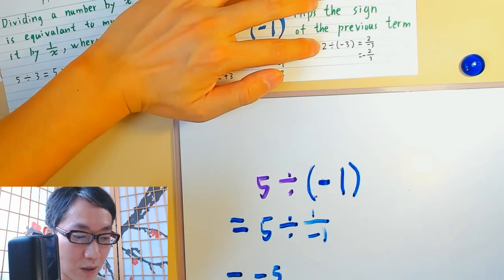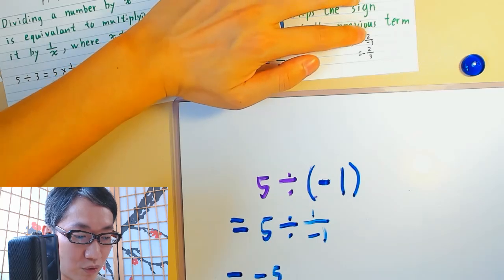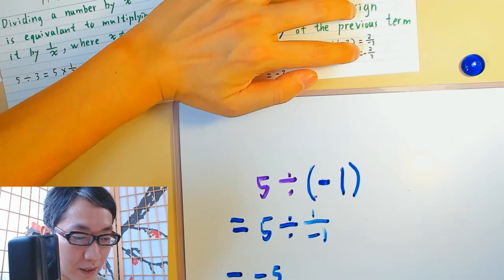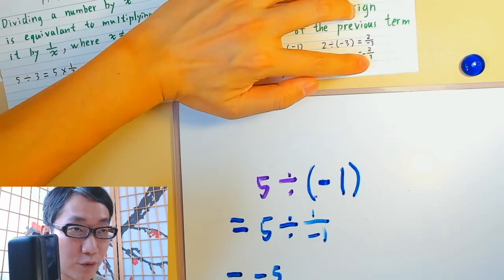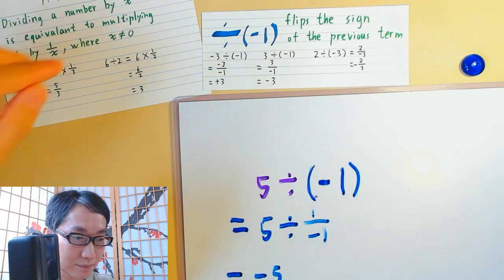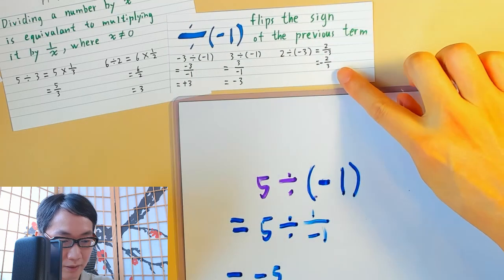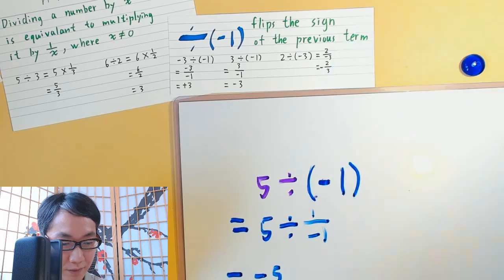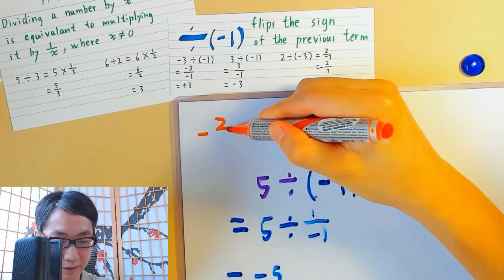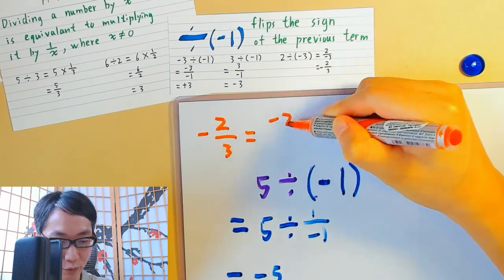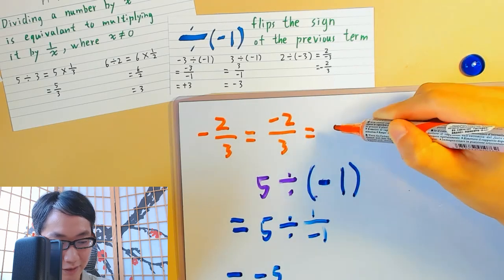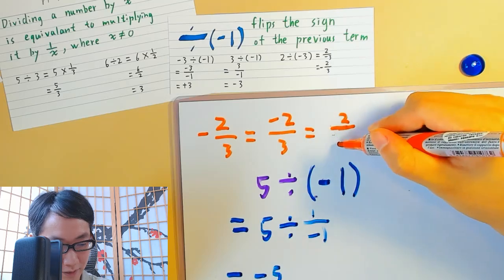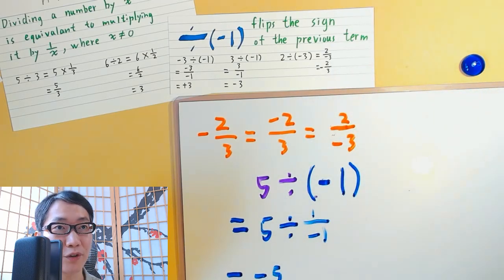2 divided by negative 3 can be written as a fraction like this, and it will be equal to negative 2 over 3. Notice that negative 2 over 3 is the same as negative 2 over 3, the same as 2 over negative 3.